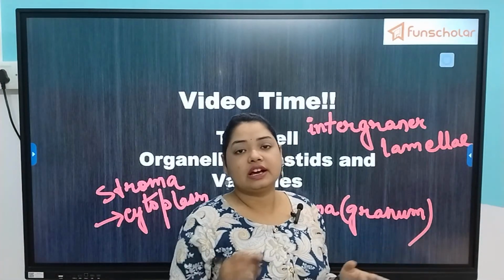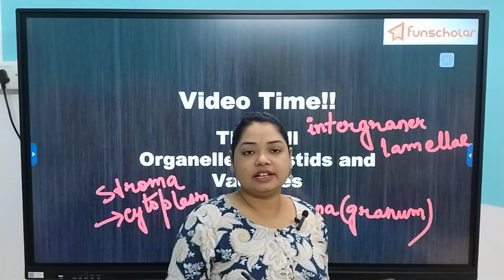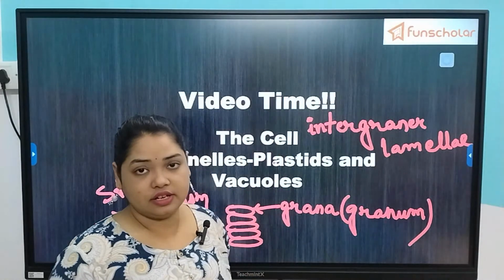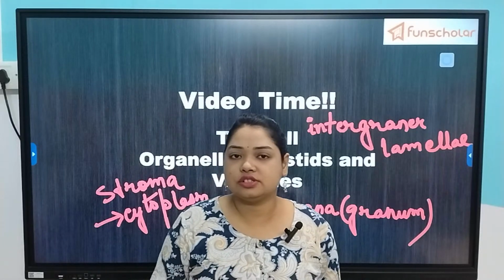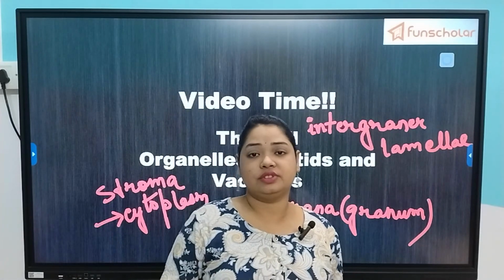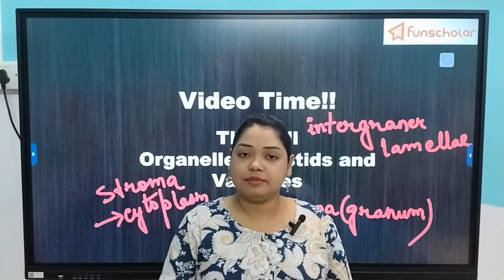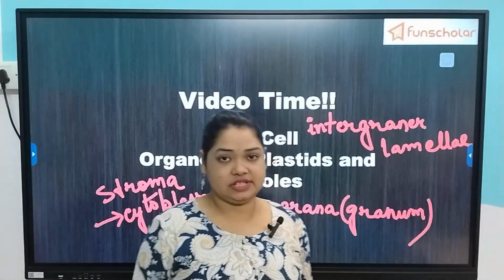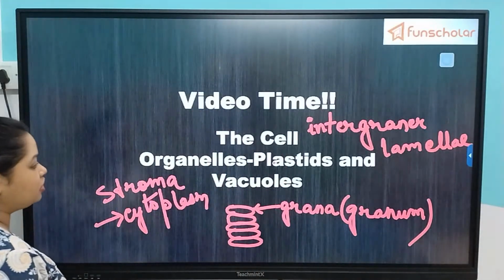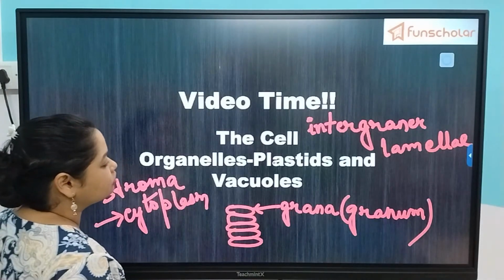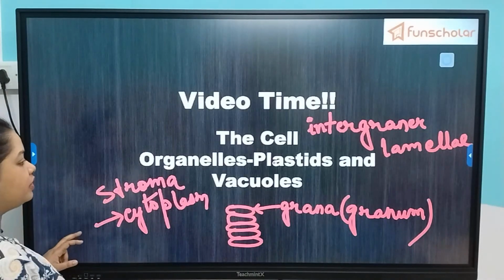So therefore, the connections actually connect the stacks with one another, so that the whole process of photosynthesis that takes place within the chloroplast becomes a synchronized process. So this is the structure of the plastids and also the functions of the plastids.